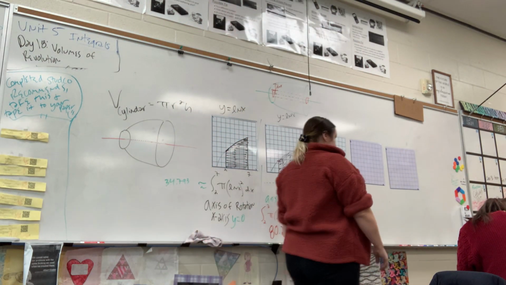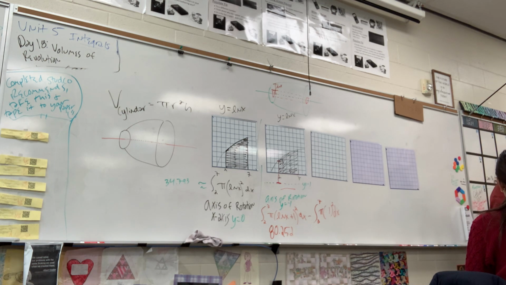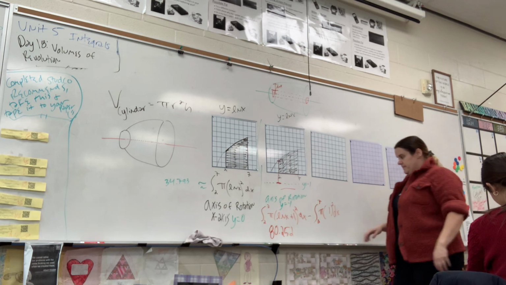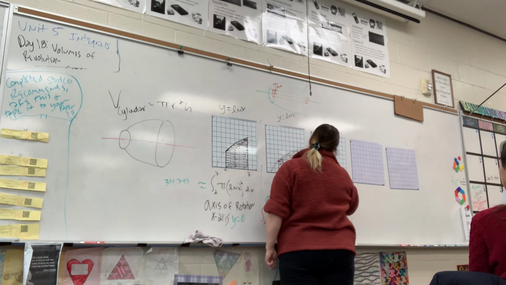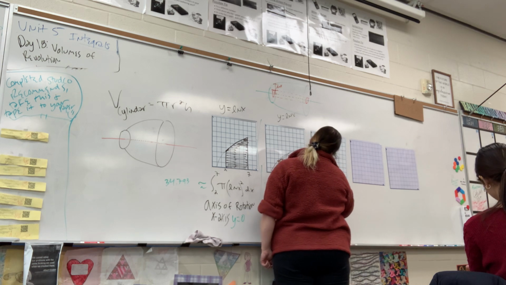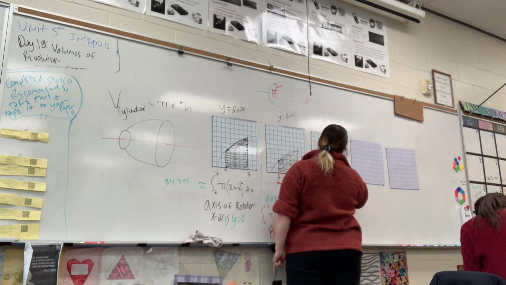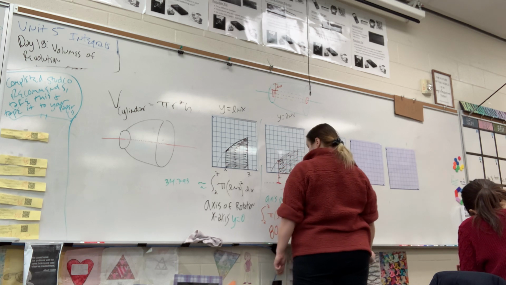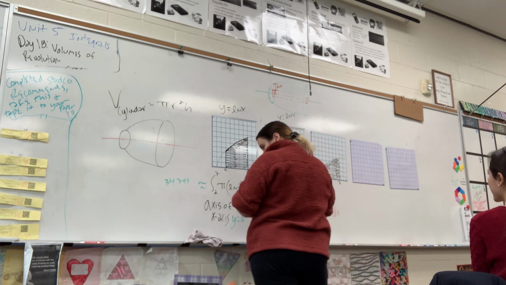Okay, now here's the next one. This one is going to be a little different, but I'm trying to get you to see some things. You with me? This time, I will write above it. Same shape. Remember, my picture is not to scale. I'm drawing it big so we can see it better.